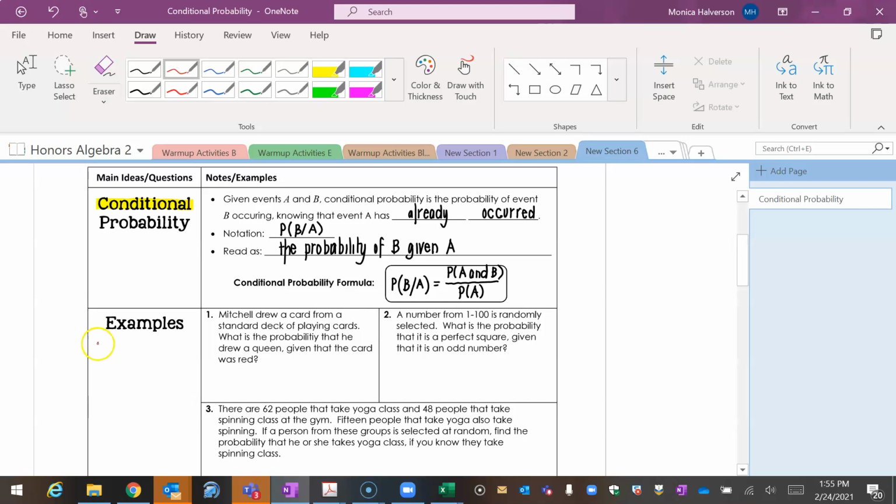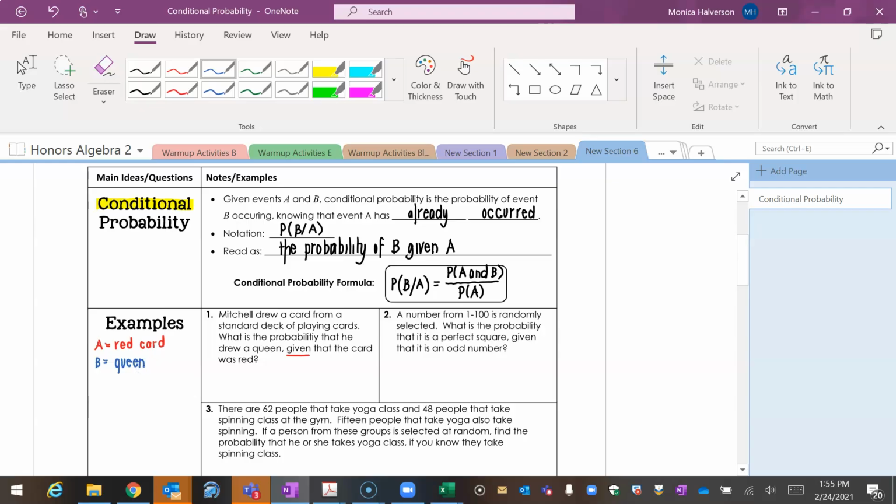So A in this sense is the red card, that's given. B is what they're asking us to find, drawing a queen.